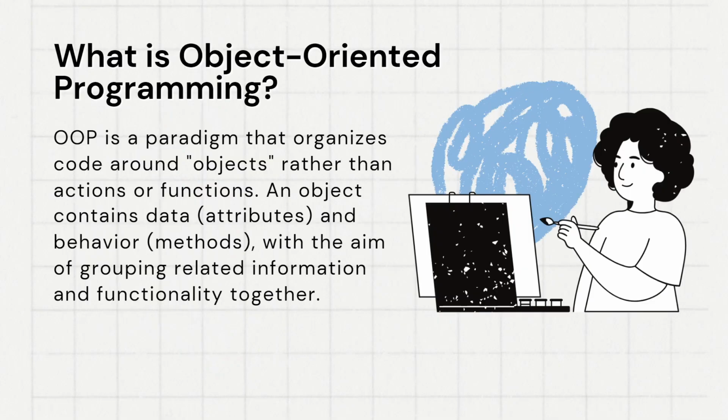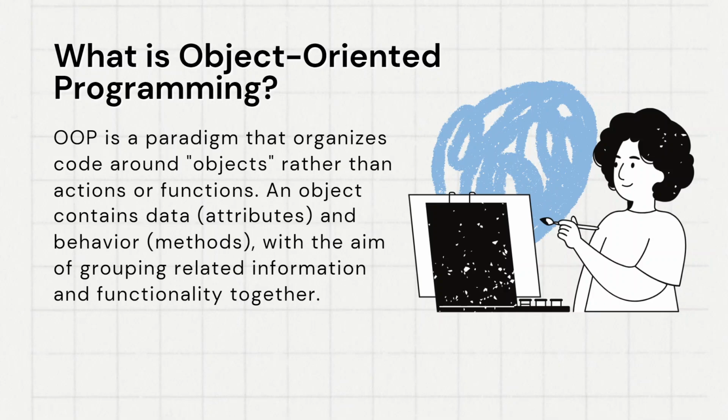So, what is object-oriented programming? Object-oriented programming is a paradigm that organizes code around objects rather than actions or functions. In the word object-oriented, this paradigm organizes the code around objects, unlike the procedural paradigm.